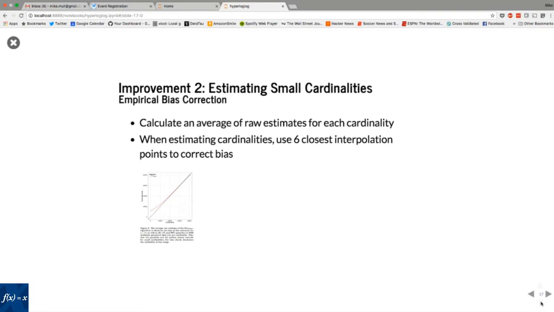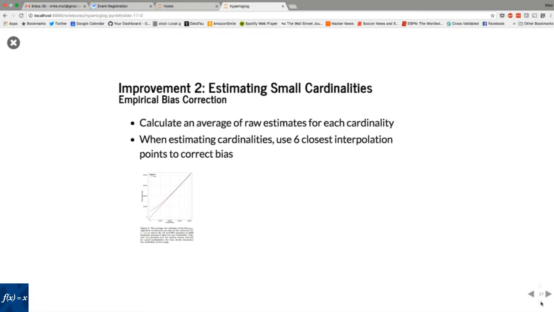it's an estimate, so you don't know what the actual value is, so you can't just go look it up in a table. So what they do is they have these 200 interpolation points, and they take the 6 nearest neighbors to that and do an interpolation on those 6 nearest neighbors to get what their estimate of the bias is.